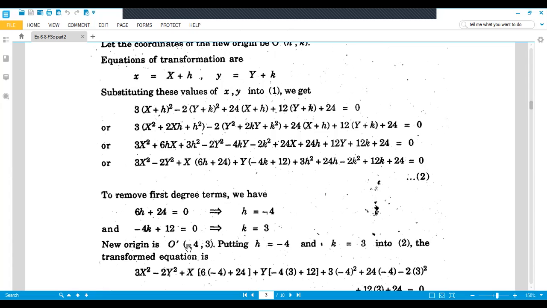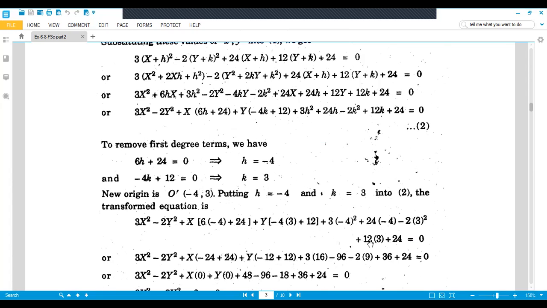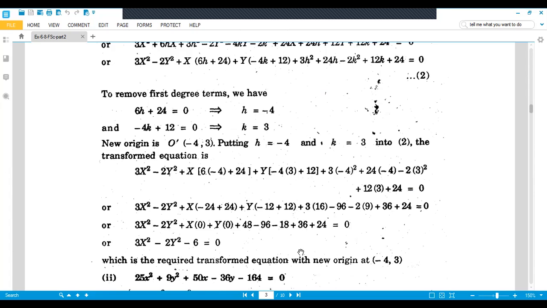Now the new origin is minus 4 and 3. So in this equation number 2, in place of h you put minus 4 and in place of k you put 3. So you get this equation, and this is the required transformed equation with new origin at minus 4 and 3.